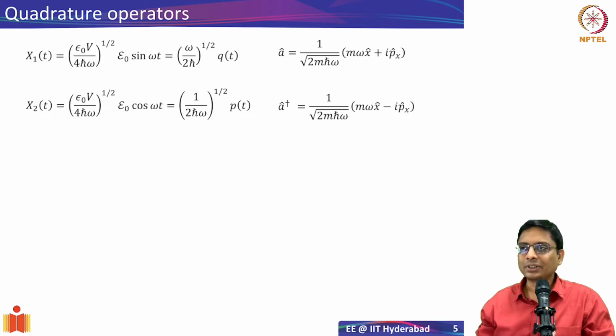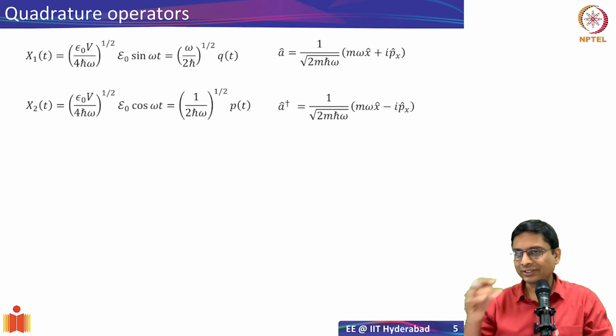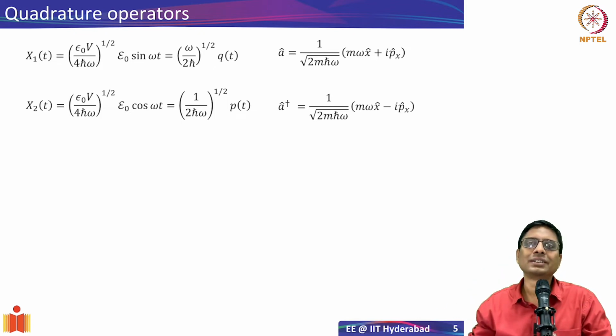So how do I convert this quadrature that I defined in terms of fields and this Q into an operator? Well, we know the operators for Q and P, since they are canonically conjugate variables.